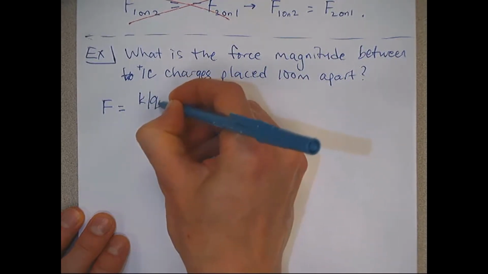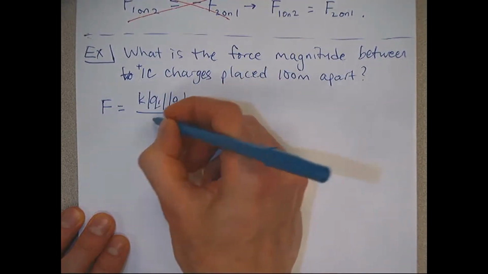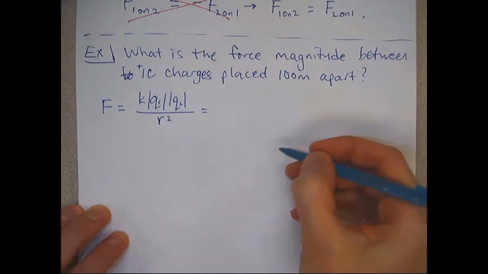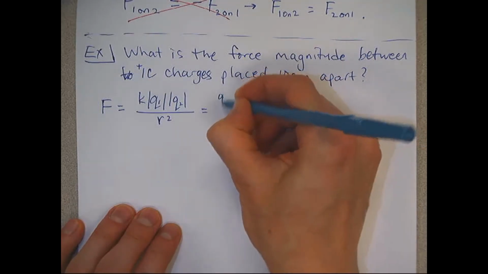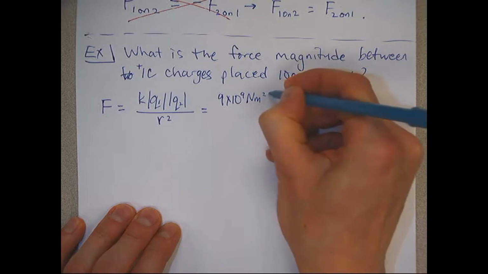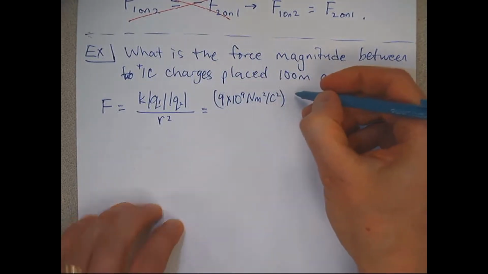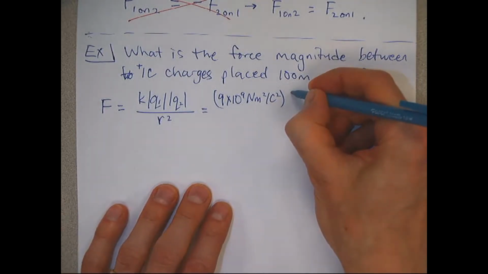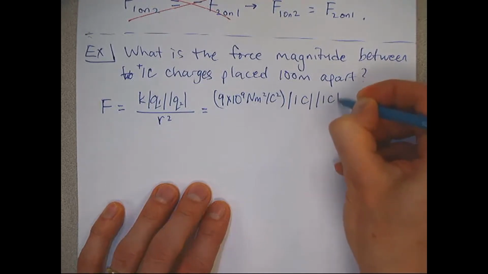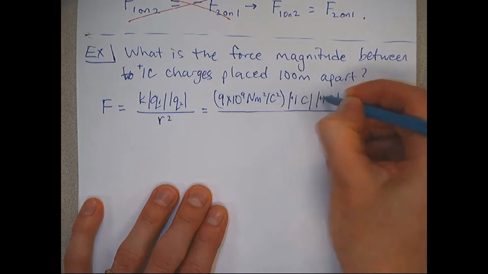For this particular estimation, I'll simply use 9 times 10 to the 9 in place of Coulomb's constant. So we take the scalar magnitude formula here. I'll use 9 billion Newton meters squared per Coulomb squared. The magnitude of each charge is 1 Coulomb. They were positive.